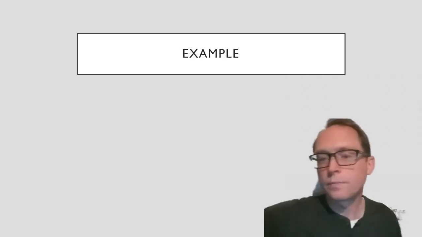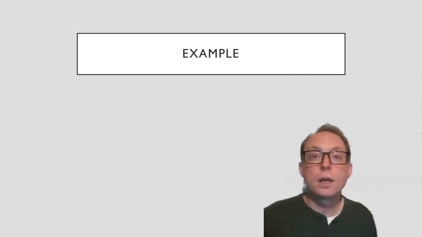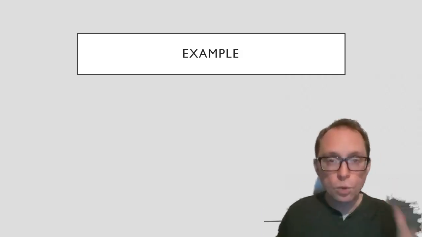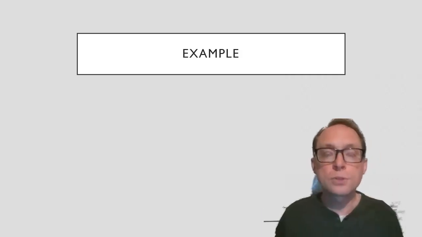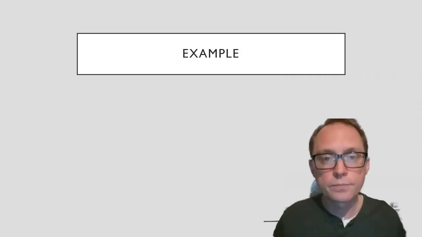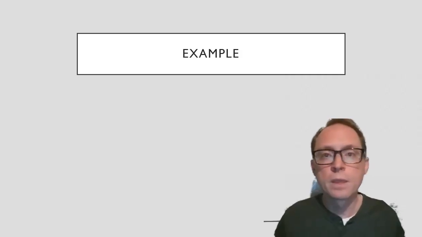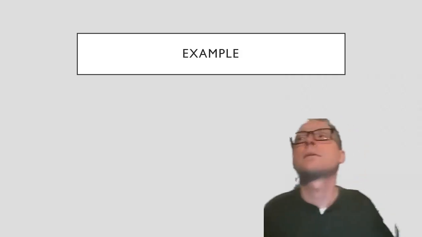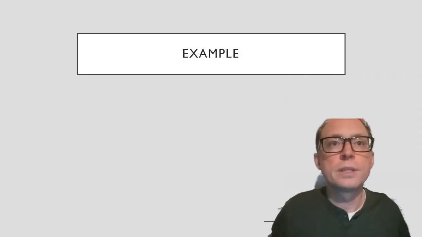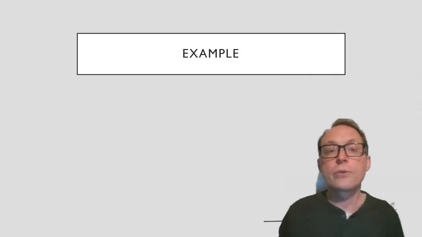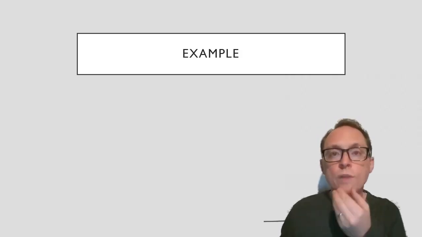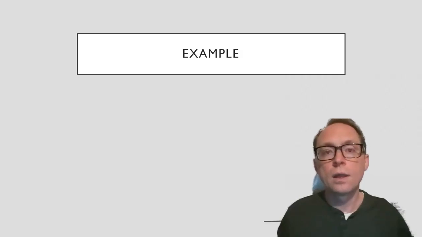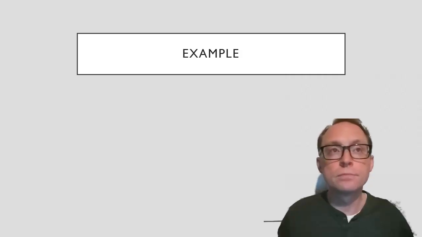So let's do an example. Let's do an example of the difference between an association claim, which is done with a correlational study, and a causal claim, which is done with an experiment. Those are the ones that we're going to mainly be talking about. So let's say that I think that your facial expression will affect your mood.